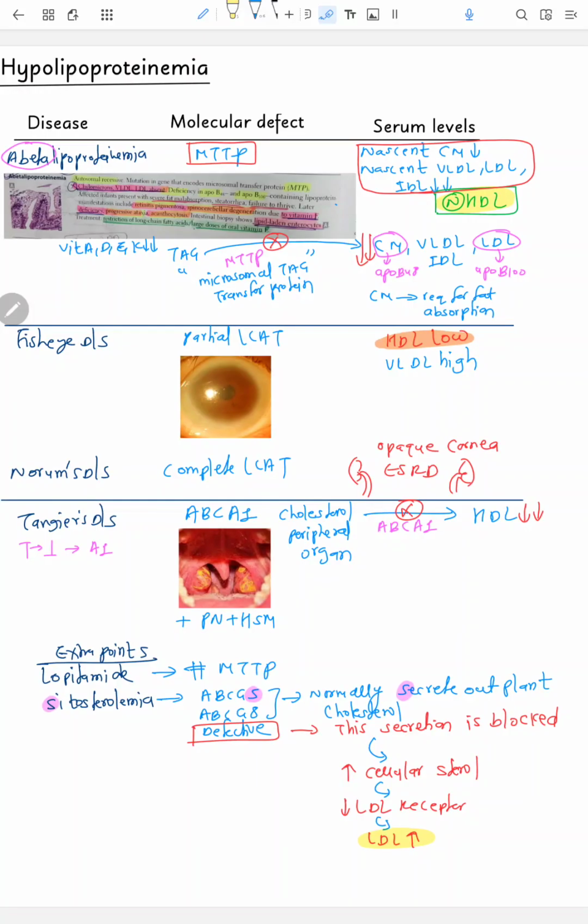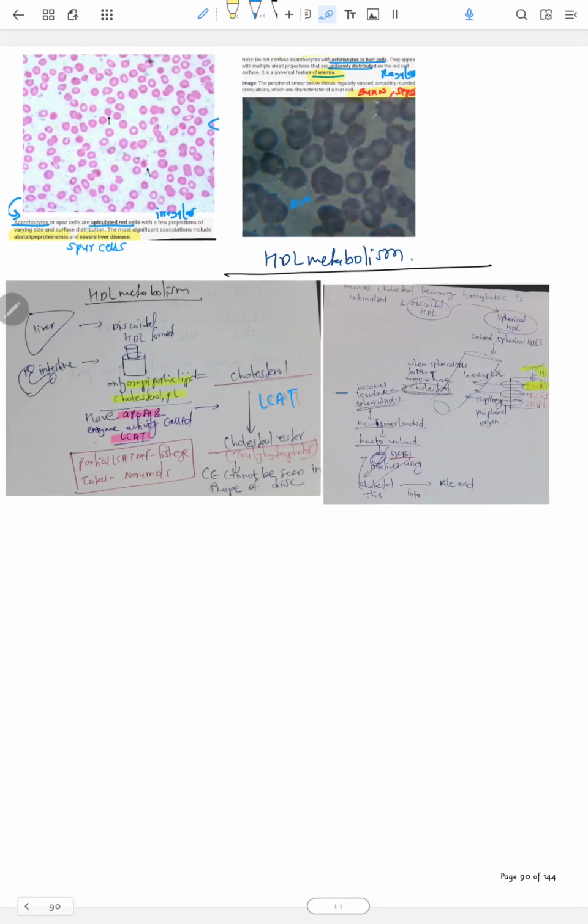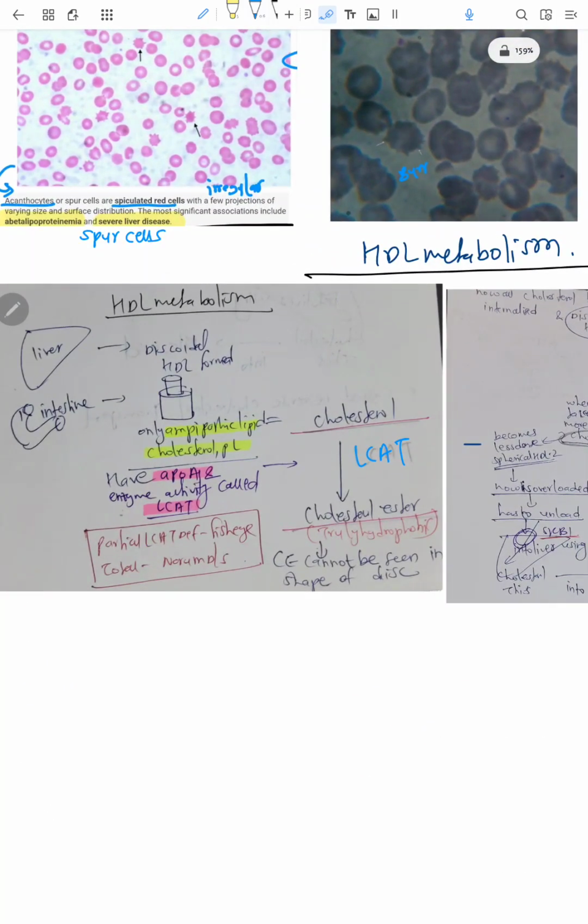Second is fish eye disease. For understanding this, we need to understand HDL metabolism. Somehow LCAT is deficient in this. LCAT is directly related to HDL metabolism. Now let's see HDL metabolism. See, liver and intestine both secrete HDL. Okay, now this is in the discoidal HDL form, meaning on its surface it has cholesterol.